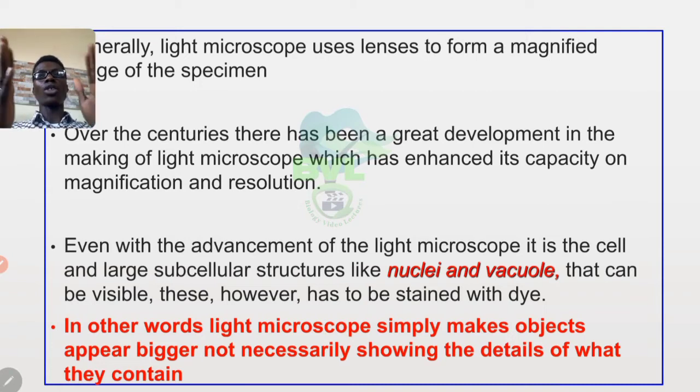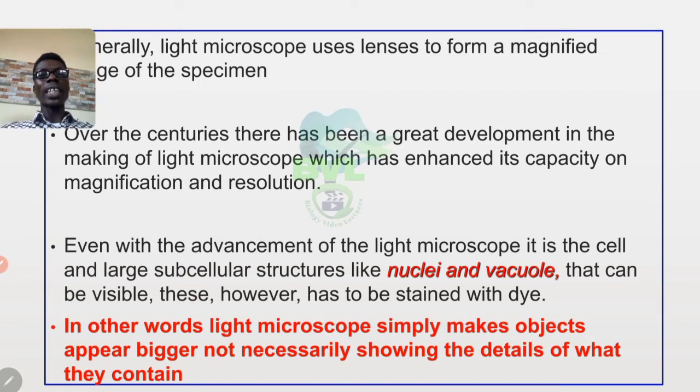So resolution is like showing you the details of things. Most of the time when you don't have high resolution on the microscope, you will see things that ought to be separate as one because it has low resolution.